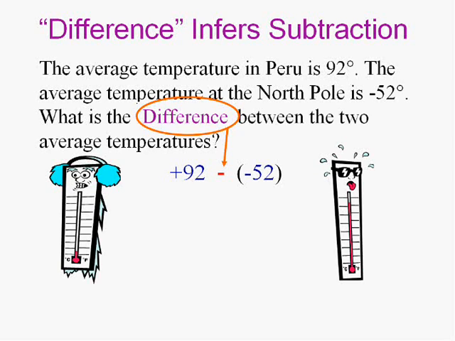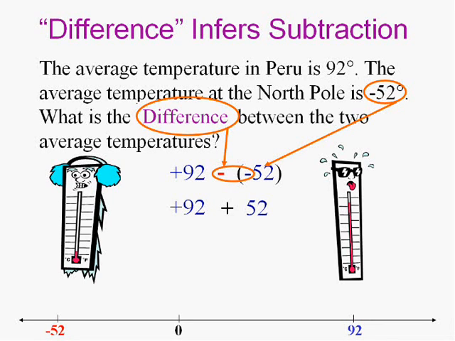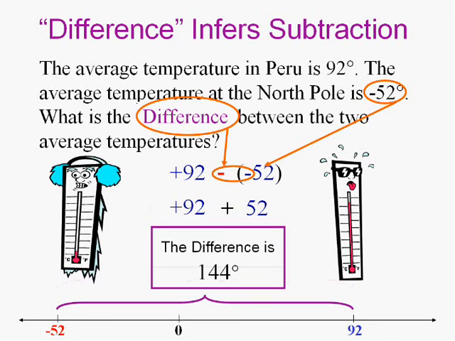The negative was already there. Now I've got two negatives in a row. Warning: two consecutive negatives turn into a positive. And 92 plus 52, let's see, is 144.